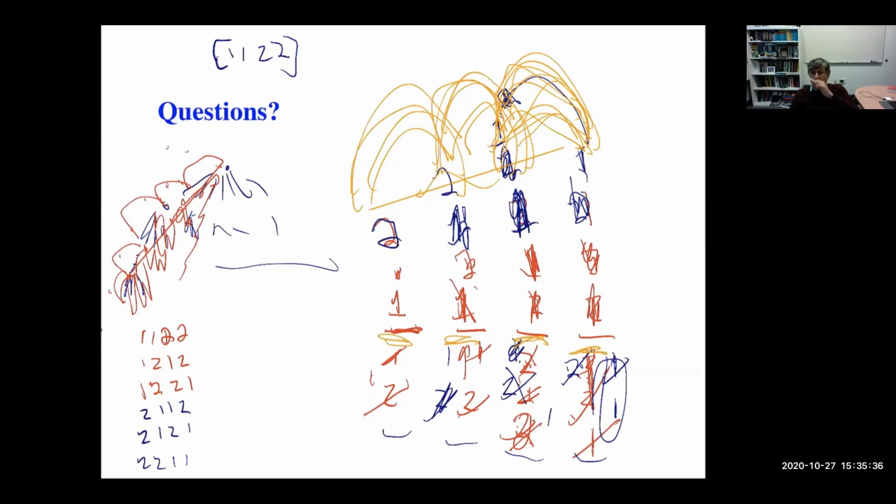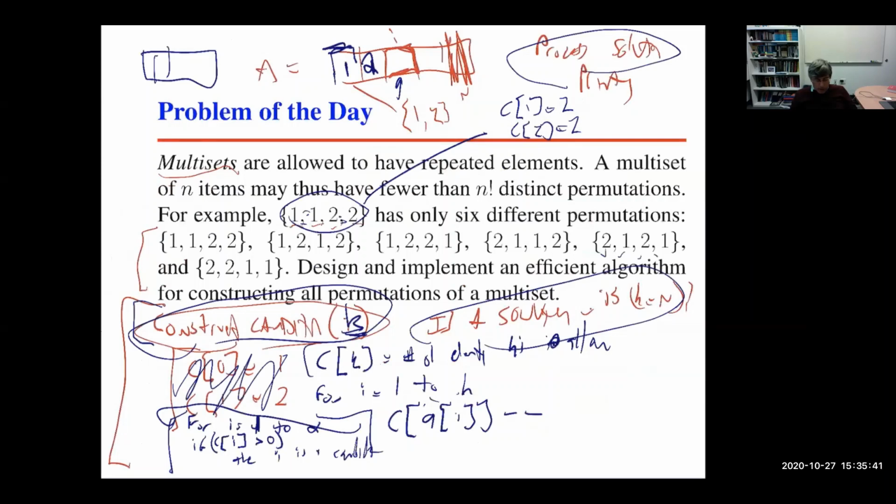What might have been an alternate way to have done this job? What if instead I said for construct candidates, always give me 2 candidates. A solution is when it's full, and then process solution: check if the counts in A equal the counts in the set.